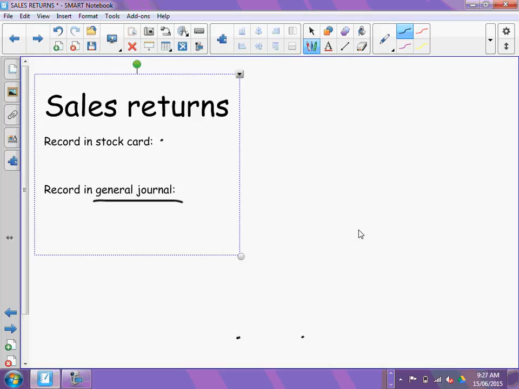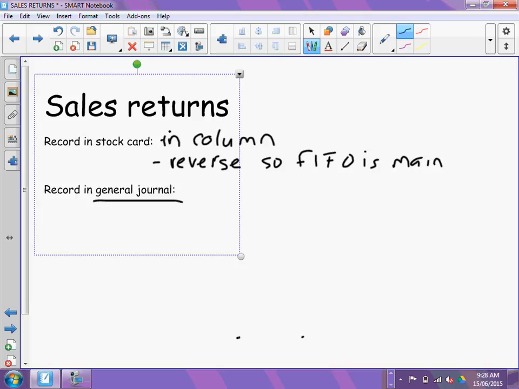Okay, so recorded in the stock card, in the in column, reverse, so FIFO is maintained.